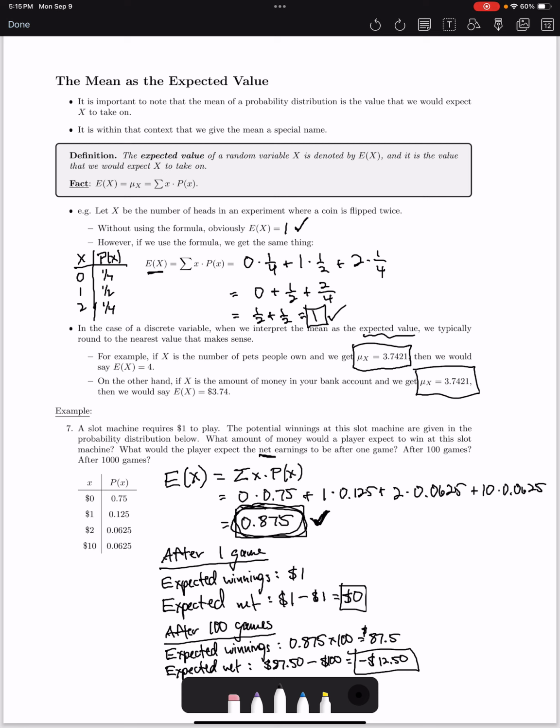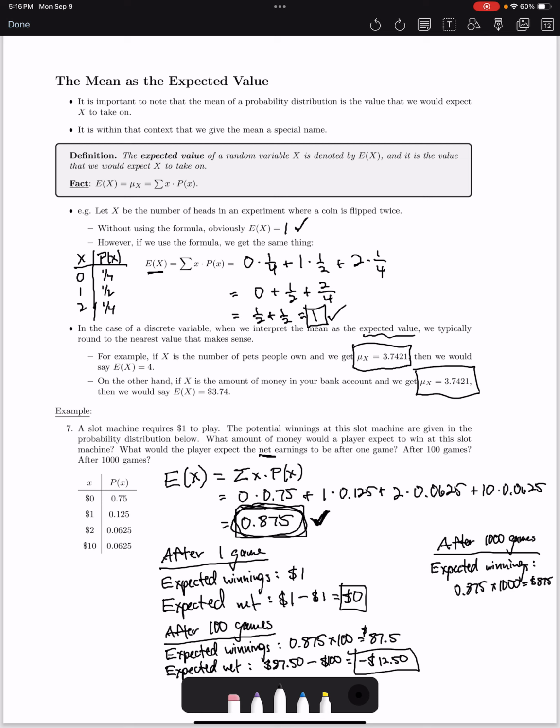After 1,000 games, it's going to be a similar story, right? Your expected winnings are going to be that 0.875 times 1,000, which comes out to $875. Hey, that's exciting, right? You expect to win $875.